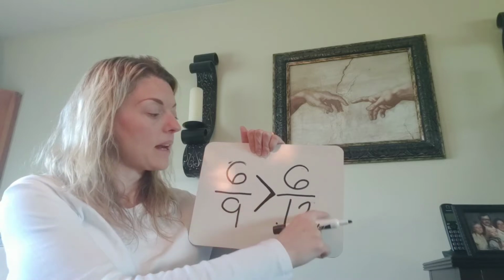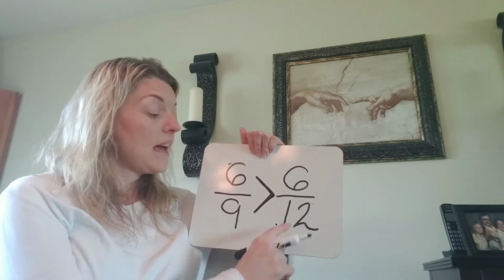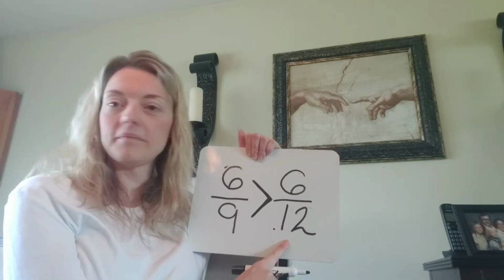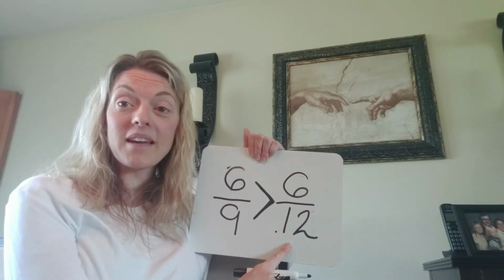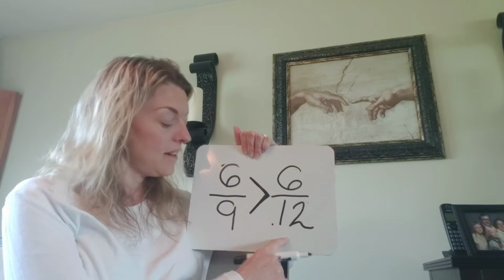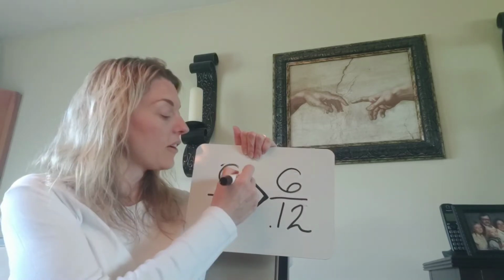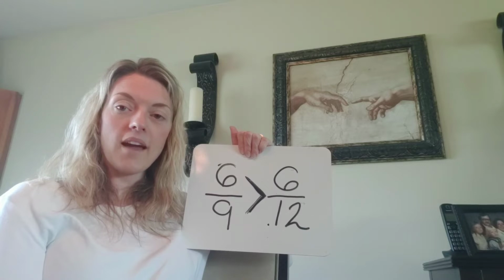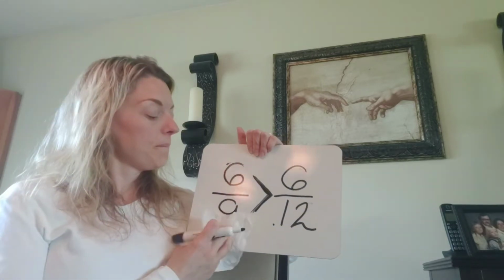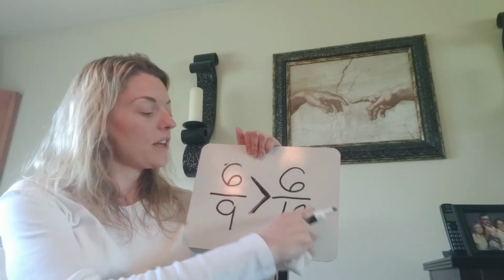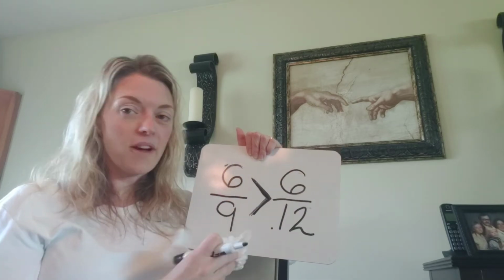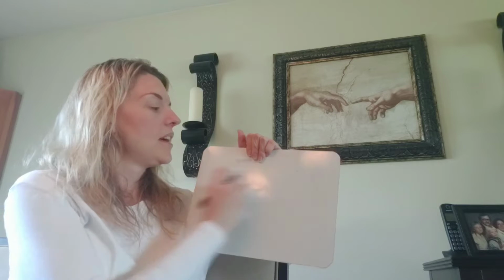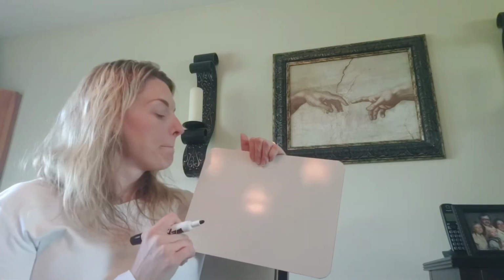Close that Pac-Man mouth. Do I want to share my candy bar with 12 people? Because my pieces are going to be smaller. I want to share with 9 because I'll get bigger pieces. Okay? 6/9 is greater than 6/12.